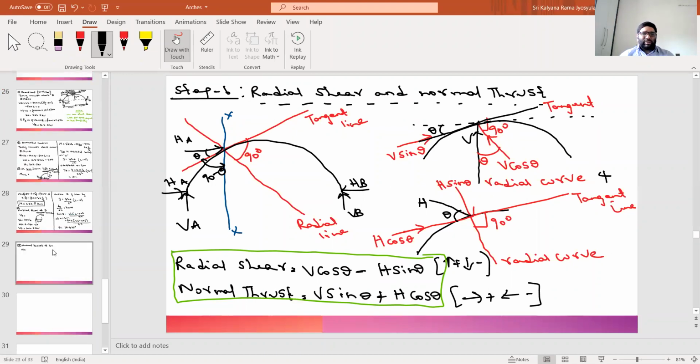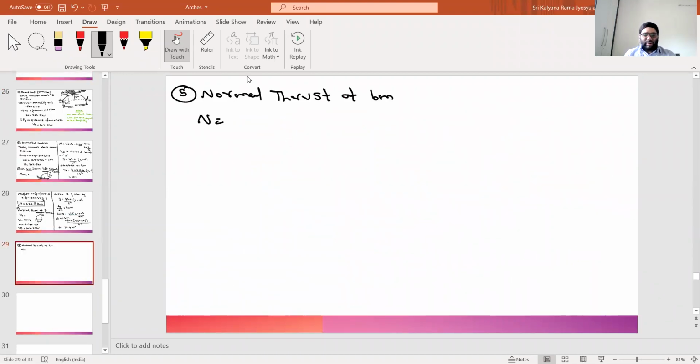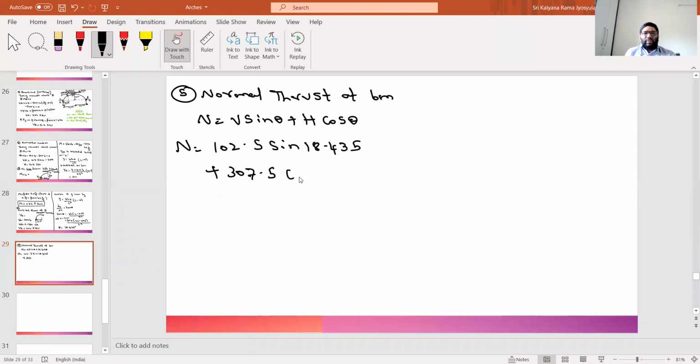So we use the same expressions. What is V? V is 102.5 sin 18.435, plus what is H? 307.5 cos 18.435.